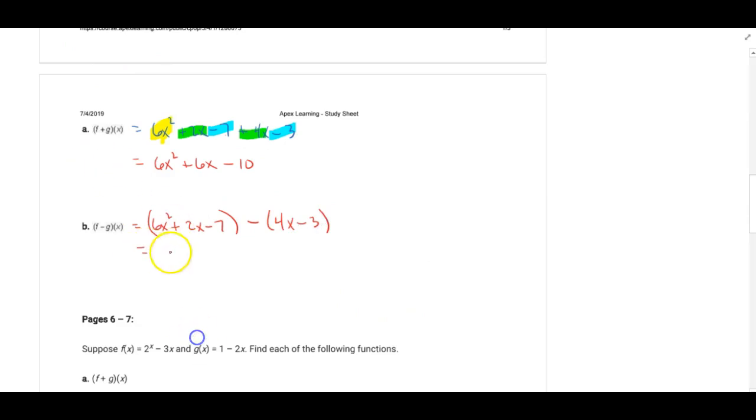So in this case, before I do anything, I basically bring these down, and I distribute the minus sign. So it'd be minus 4x, then a negative and a negative make a positive 3. So that would give me 6x squared, then 2x minus 4x would be minus 2x. Negative 7 plus 3 is minus 4. Alright, and that's what you would get when you subtract them.